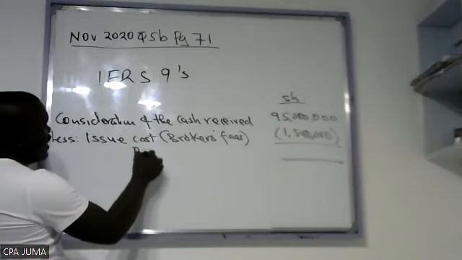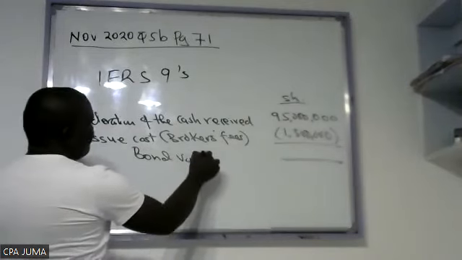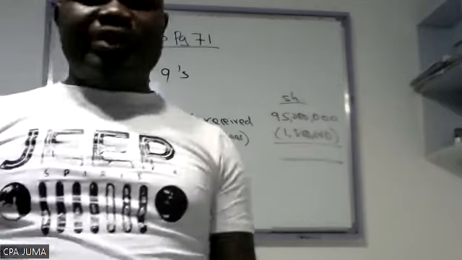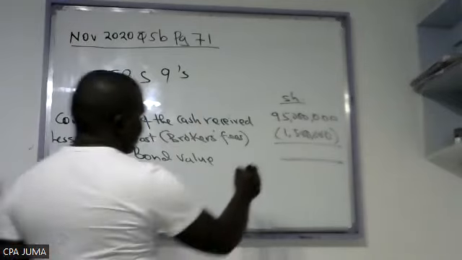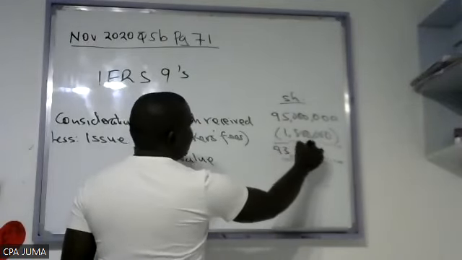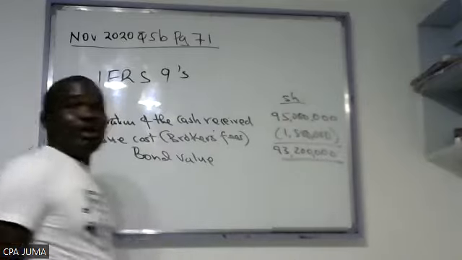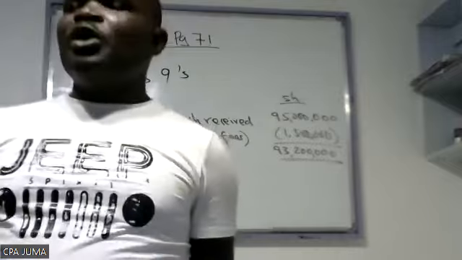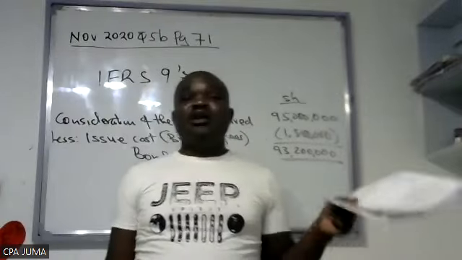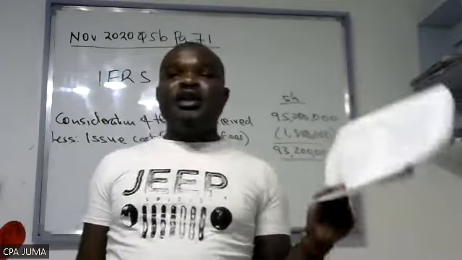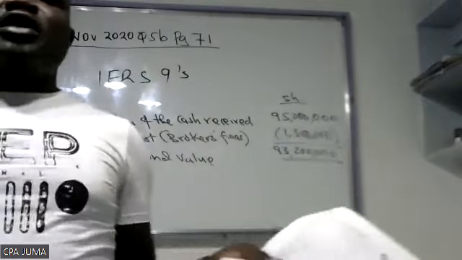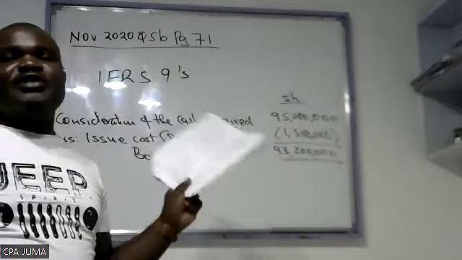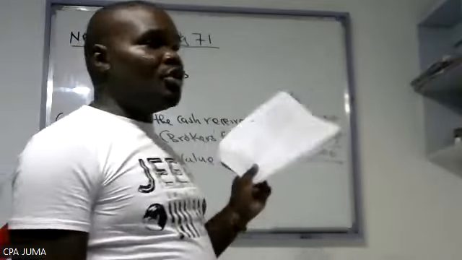So the bond value will be 93.2 million. So which concept am I bringing in this question? The concept is that when the issuer incurs direct costs to issue a bond, such direct costs should not be subjected to amortization from the amount which has been received.